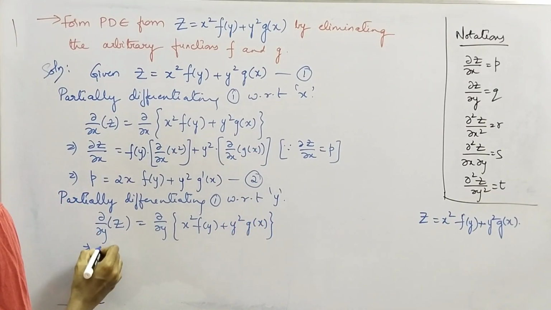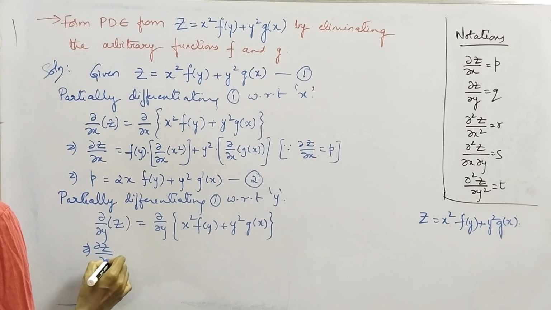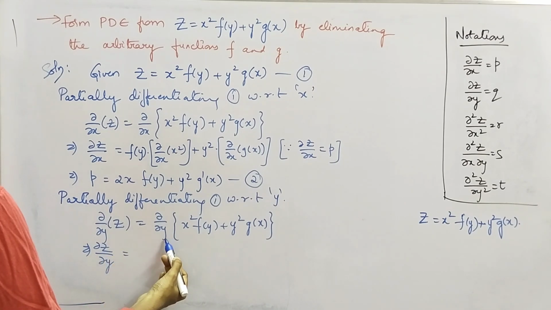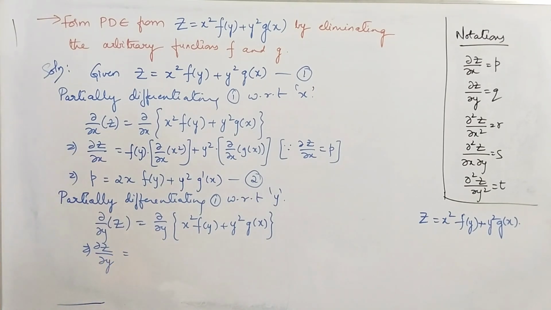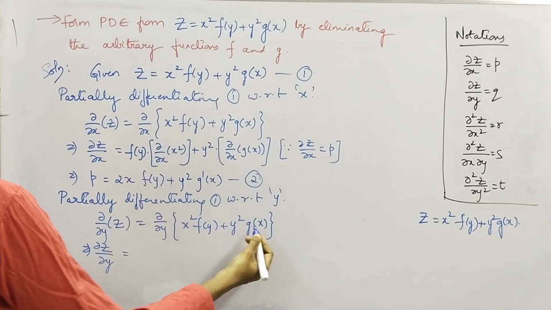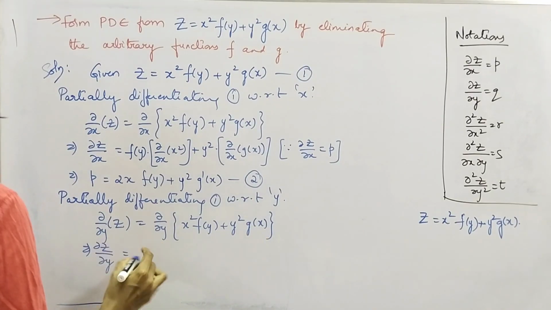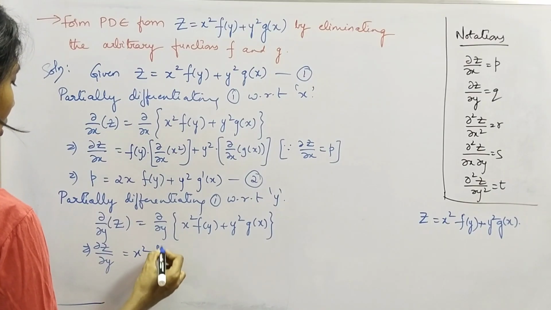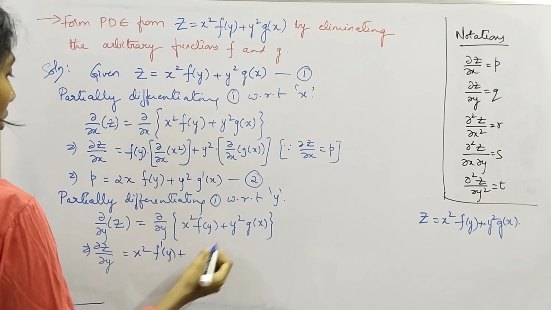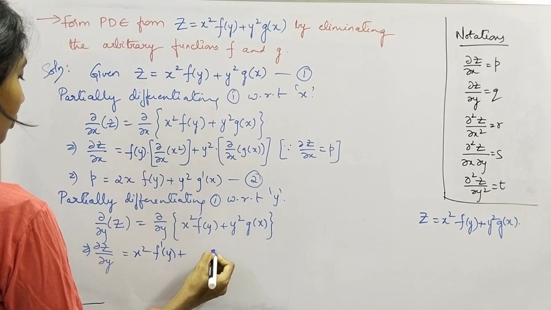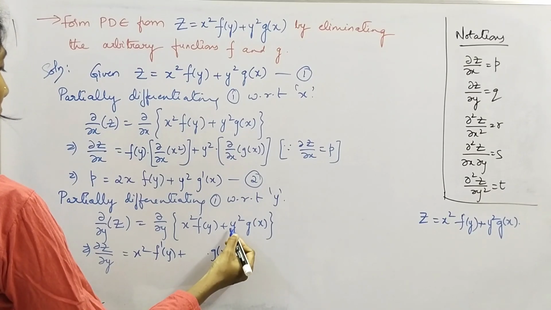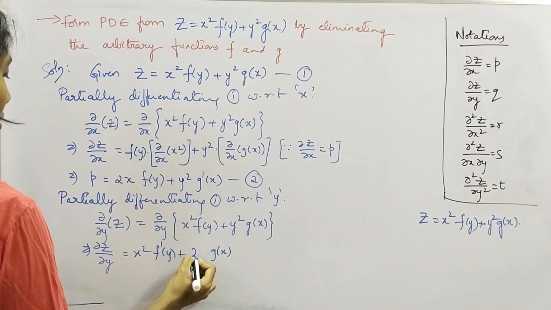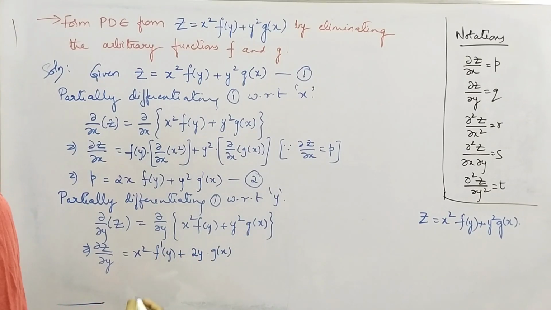This gives us dou z by dou y equal to, here we are partially differentiating with respect to y, so we'll treat x as constant. Here x square and g of x are treated as constants. Okay, you'll get constant into partial derivative of f of y is f dash of y plus constant into partial derivative of y square with respect to y is 2y, right?